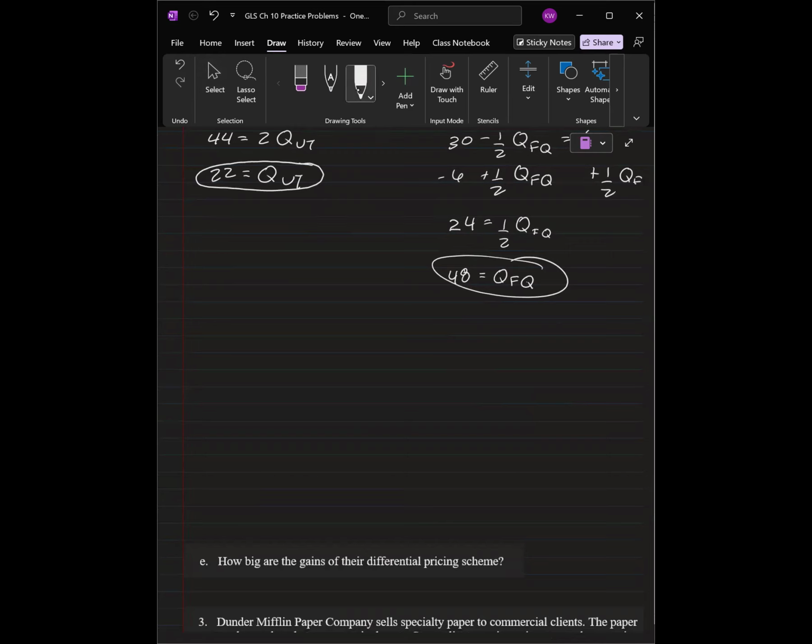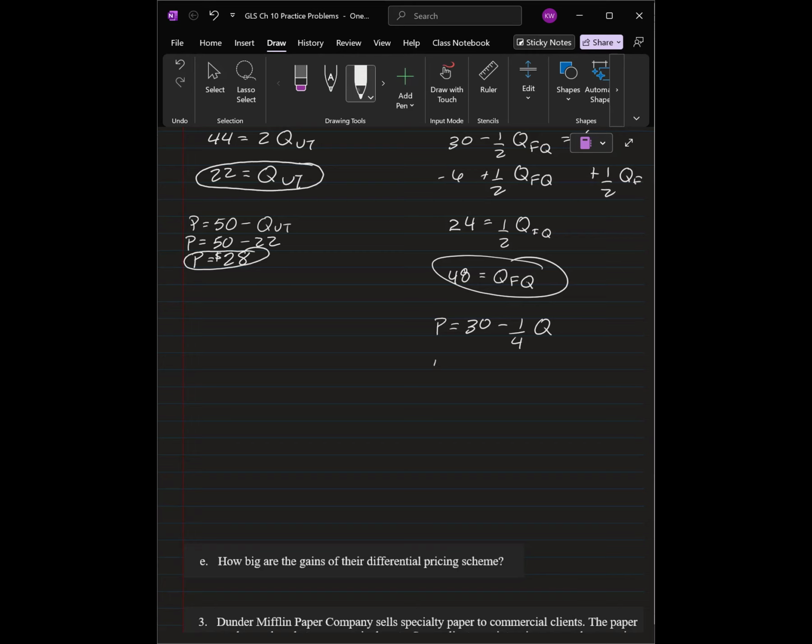What we want to do next is figure out what price Camellia Grill charges for each market. So we're going to use the given demand equation for both and substitute for the quantity that we found. So uptown, that's price equal to 50 minus quantity. And then for the French Quarter, that's going to be price equal to 30 minus 1/4 times Q. So substituting for quantity uptown, we get price equal to 50 minus 22. So that gives us a price of $28 for these meals.